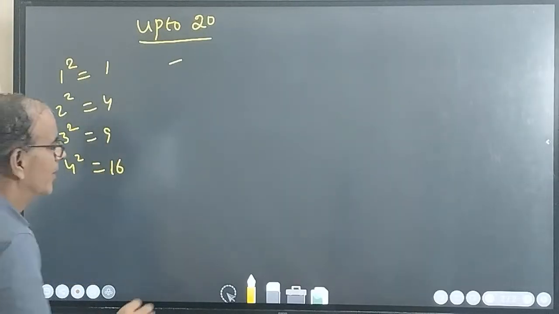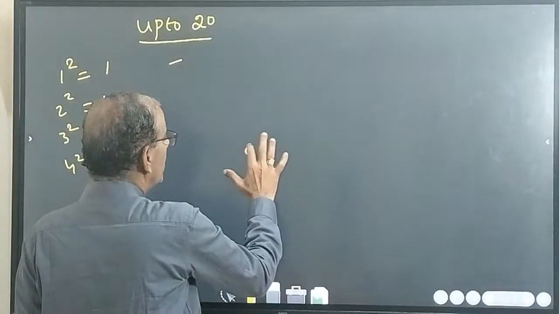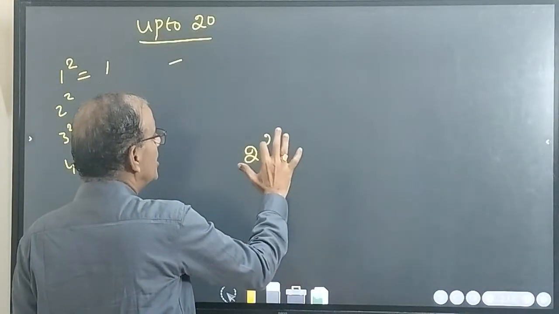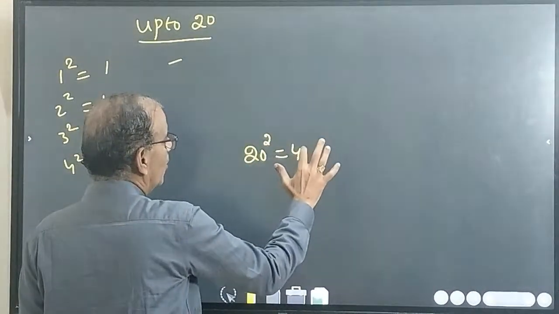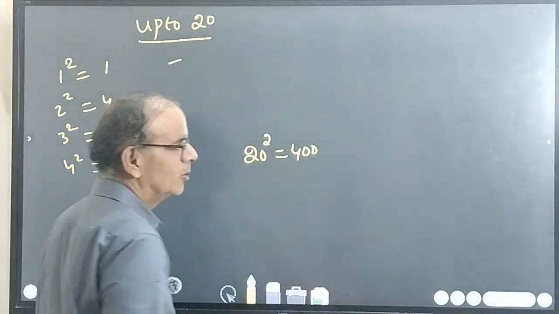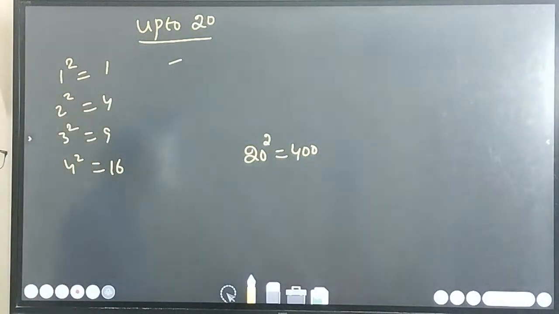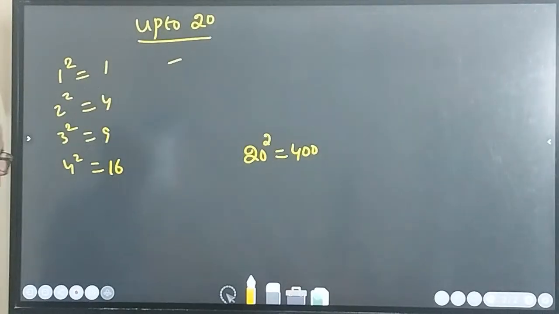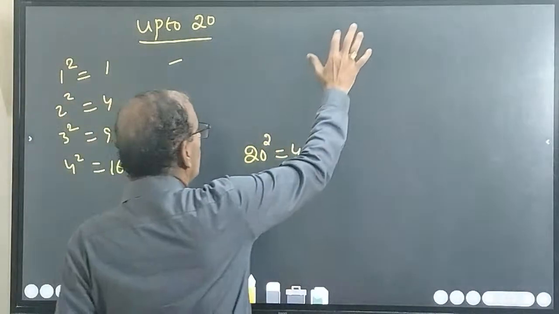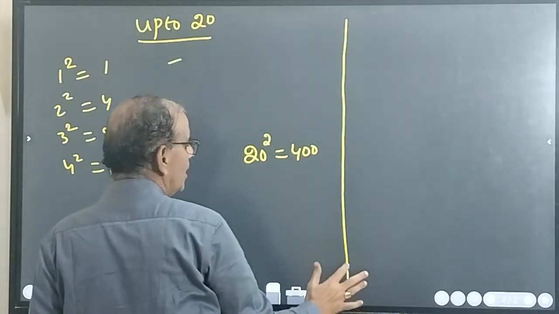Like that, up to 20 square you have to memorize. You refer to Vision Academy textbook and all, they give all squares there also. Arithmetic book also it is given, Google also it is given.